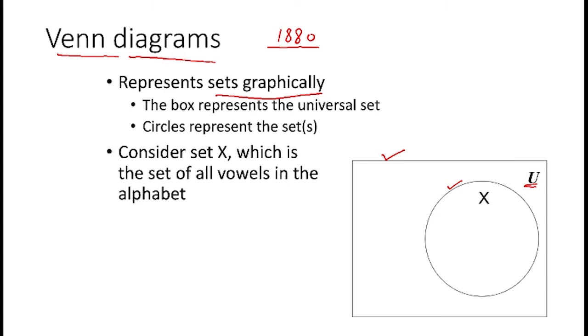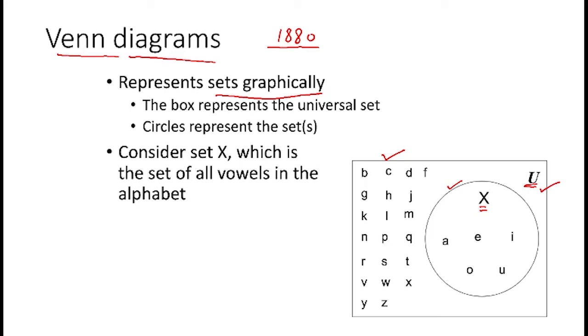Now let's suppose I'm saying that this X is all the vowels. Vowels means we have to fill X with A, E, I, O, U. And let the universal set in this be all the alphabets.